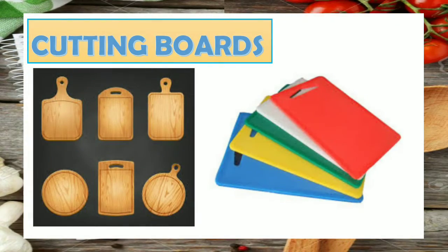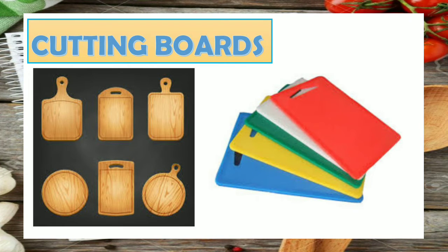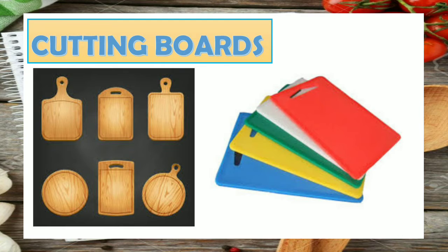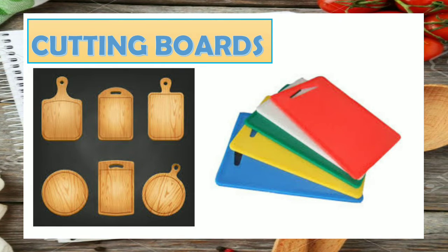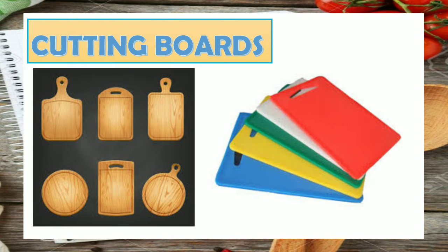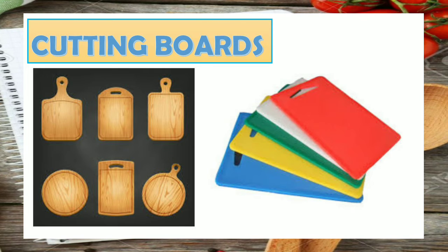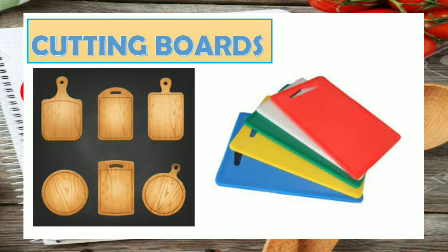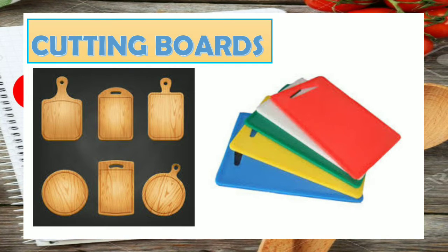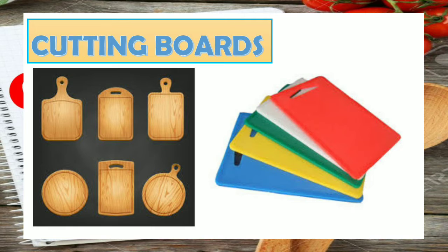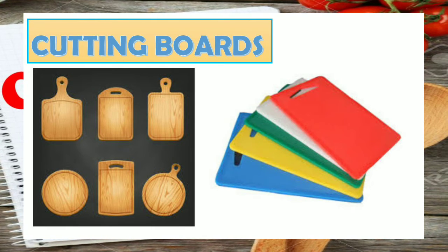Okay, next. These are cutting boards or chopping boards. This is where we cut our food. They use different types or different colors, they have color coding for chopping boards. I think red is for meat, green is for vegetables, and you can choose whatever color you want.